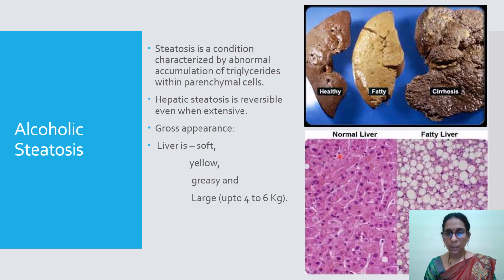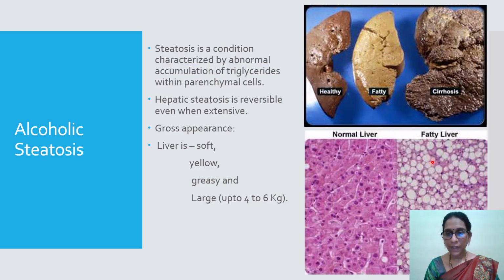This is the histology image of a normal liver, and on the right side you can see the hepatocytes with the lipid vacuoles, which are seen as empty spaces. The lipid is dissolved during tissue processing, so it appears as empty cells.